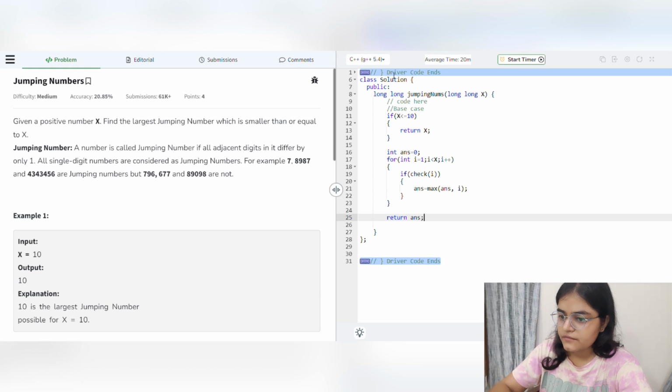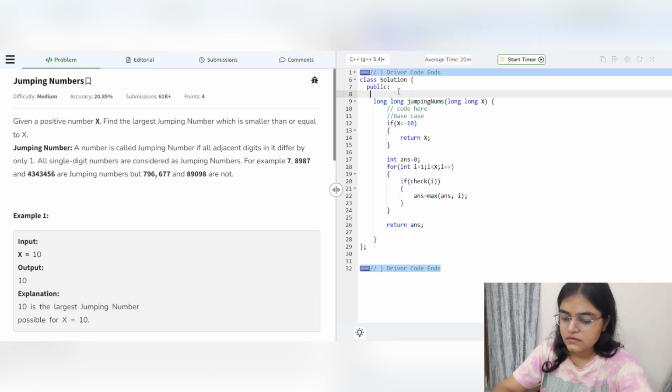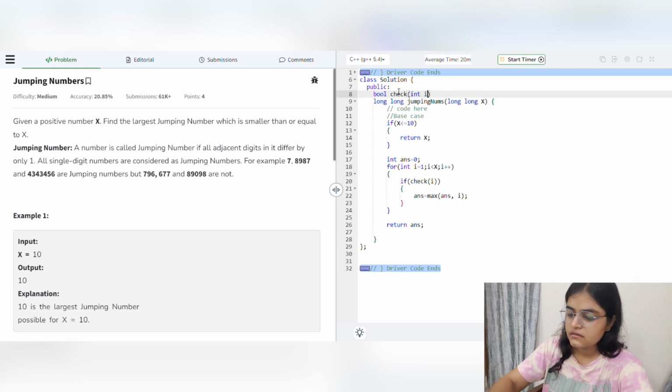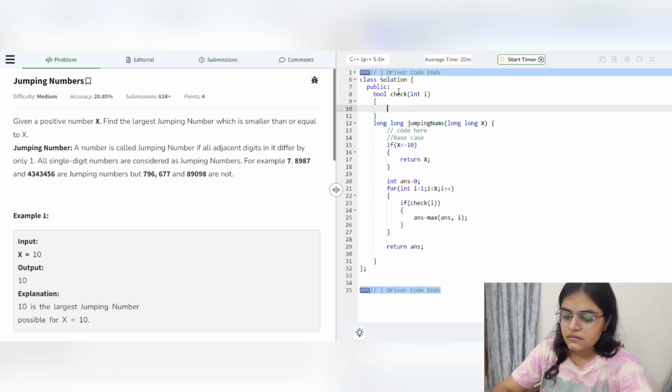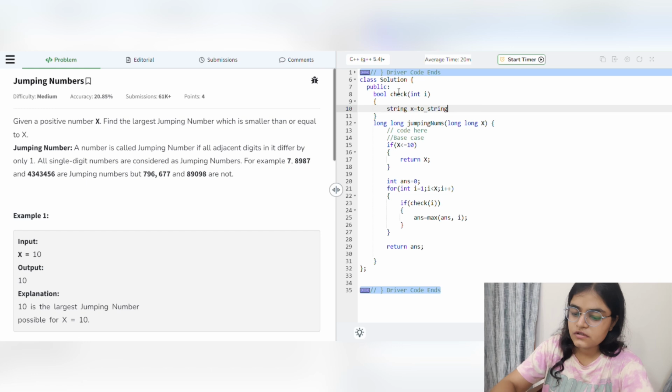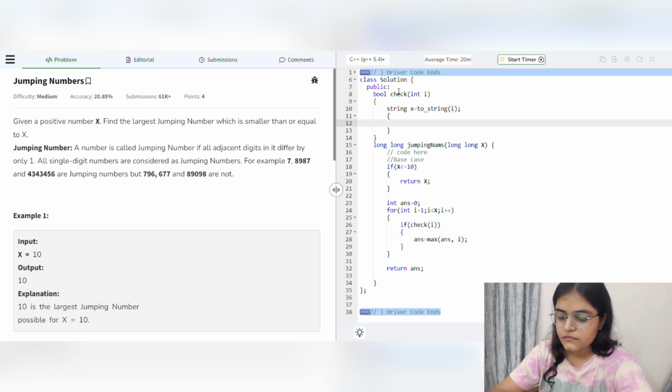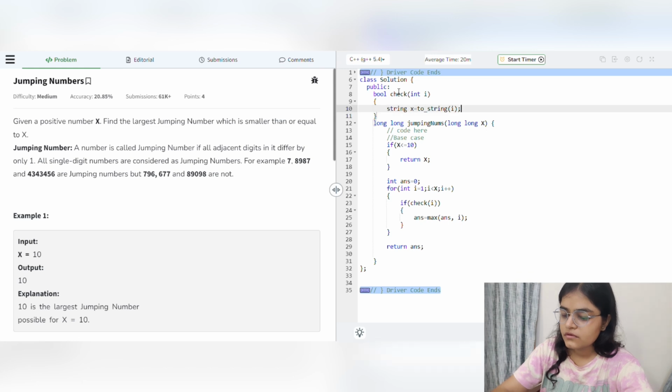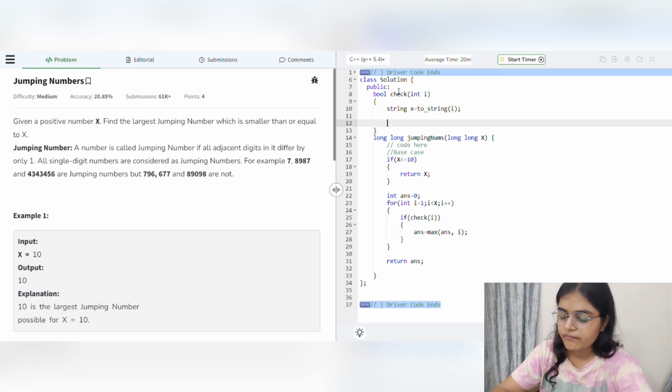We also have to make the check function, let's take it bool, with int i. We have to take a string x equal to to_string(i).